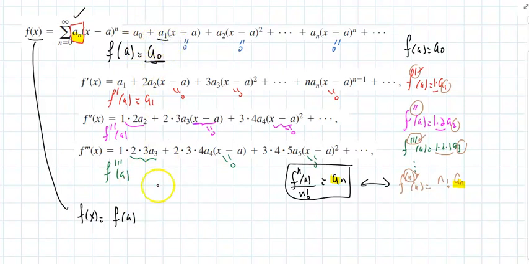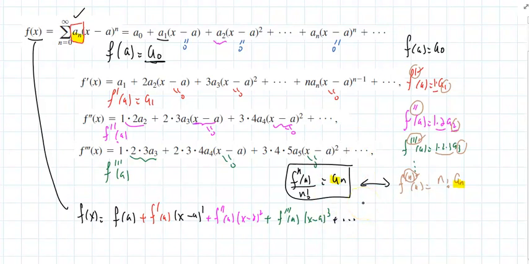A sub 1 would be f prime of a times x minus a to the 1. A sub 2 would be f double prime of a times x minus a squared. A sub 3 will be f triple prime of a times x minus a cubed, and the list goes on.